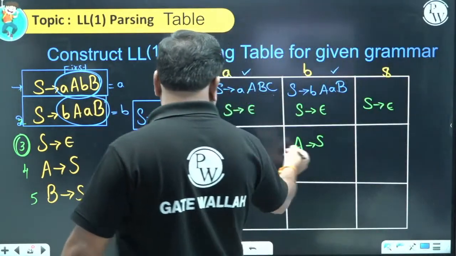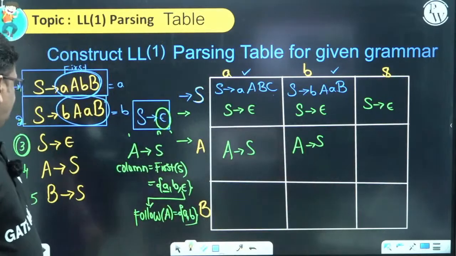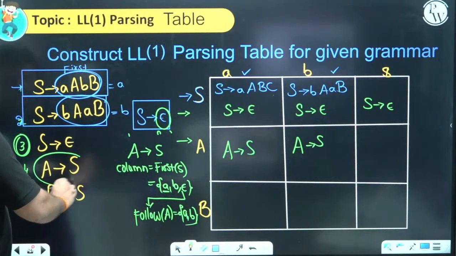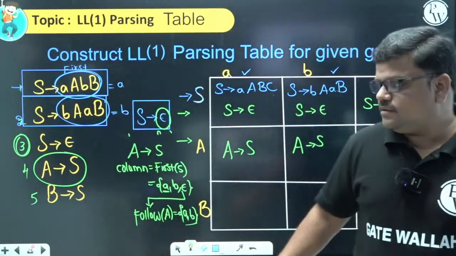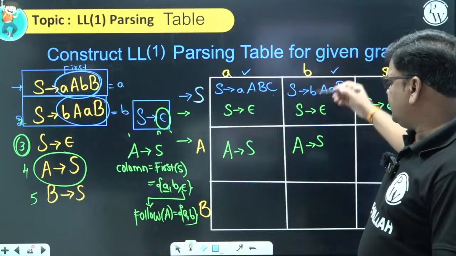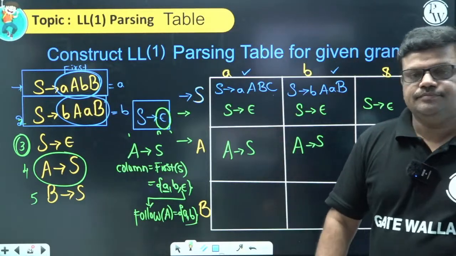That's why the A position and B position are already there. So the fourth production, A gives S, goes in two places: column A as well as column B.